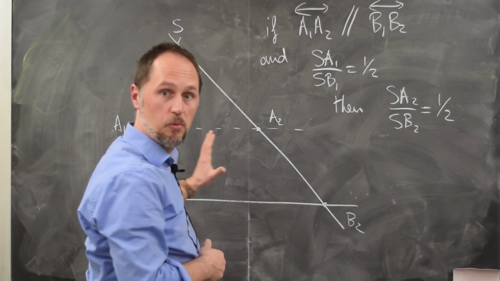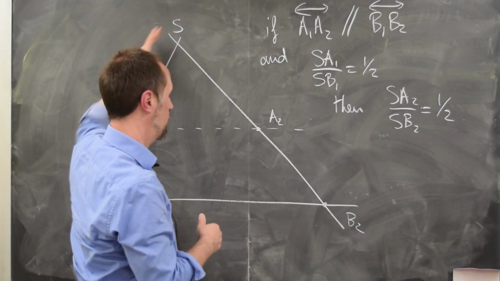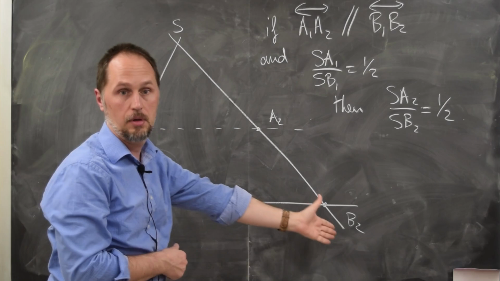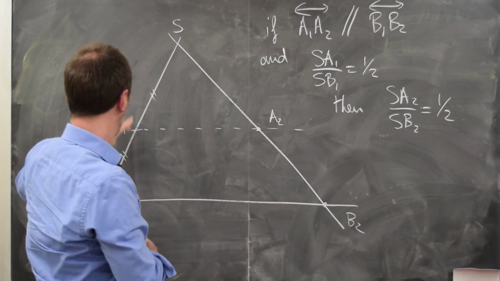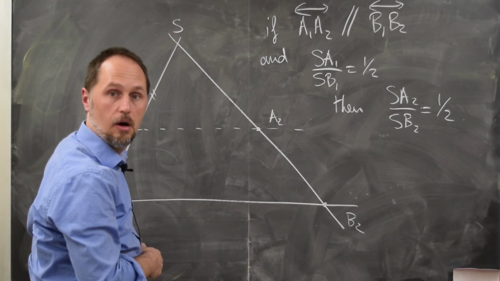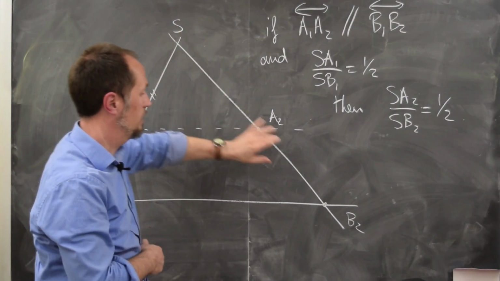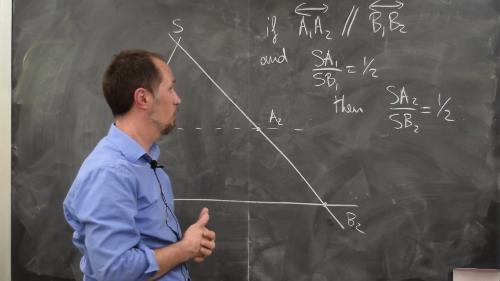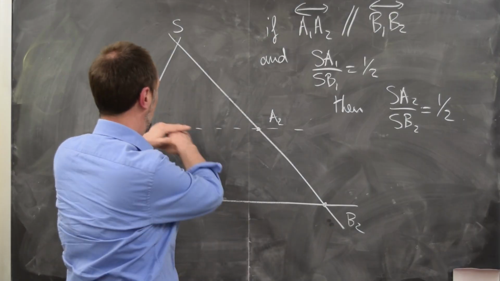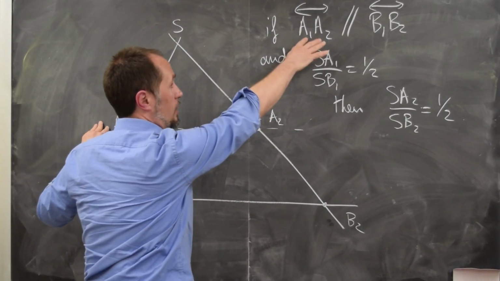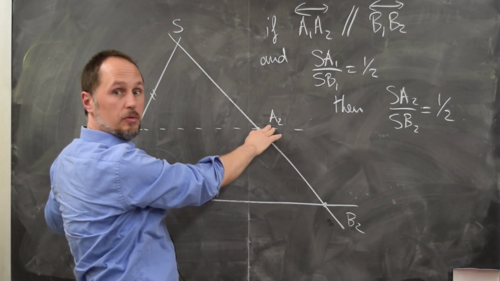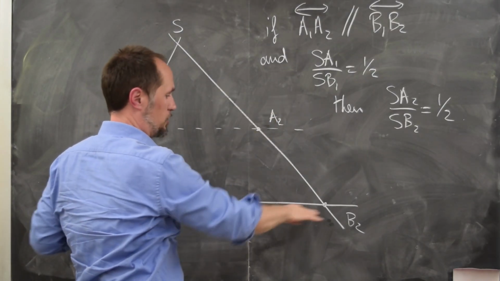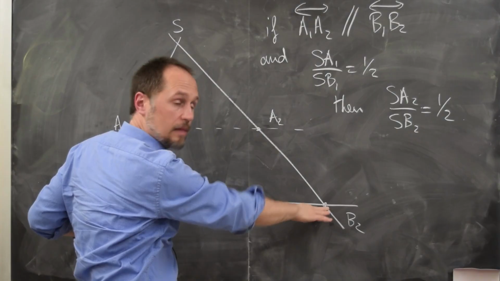And specifically what we've proved is this case where we have this configuration of these two lines, and we have S, A1, B1 on my line on the left, S, A2, B2 on my line on the right, with the points in that order. And we assume as hypothesis that the line A1, A2 that I have here in dashes is parallel to the bottom of this picture, this B1, B2 line.